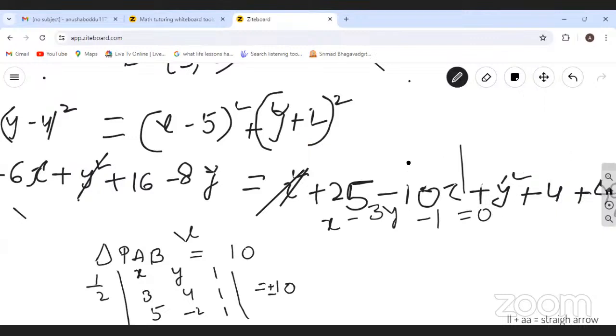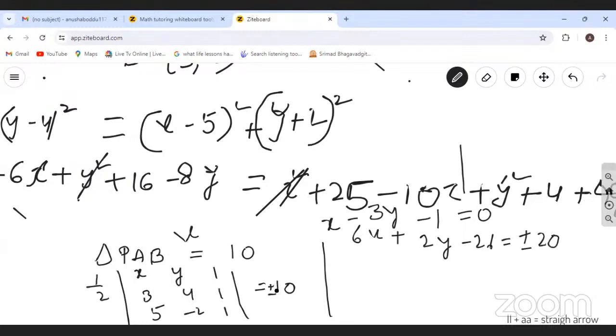From that, you will get two equations, right? The equation you got is 6x plus 2y minus 26 is equals to plus or minus 20, right?